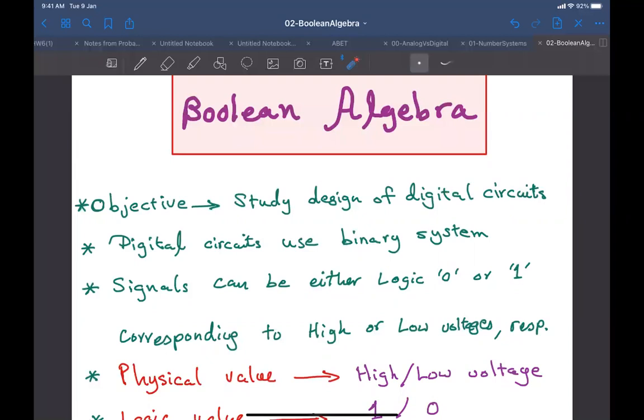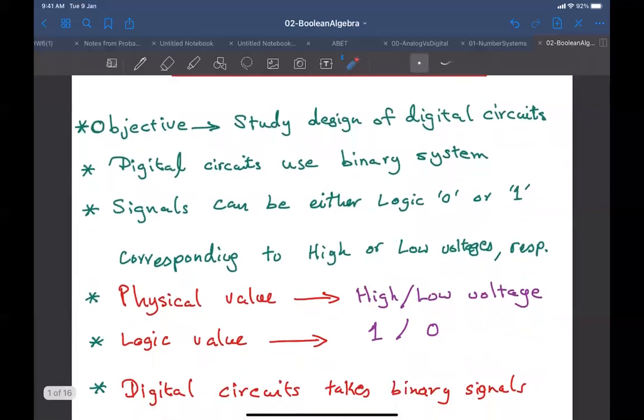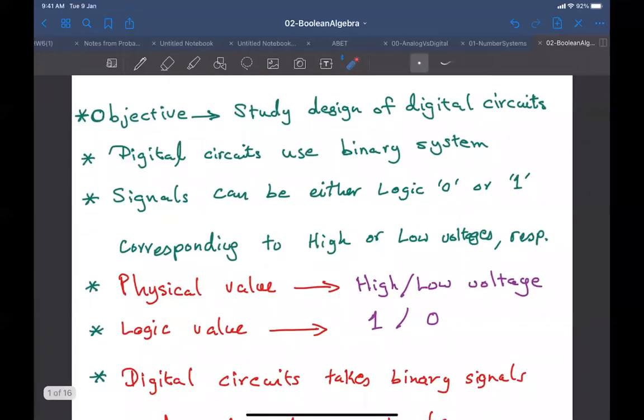The signals that are input to any digital circuit can be either logic 0, corresponding to low voltage physically, or logic 1, which corresponds to high voltage. So the physical value can be high or low voltage, and the logical value of a signal can be either 1 or 0.